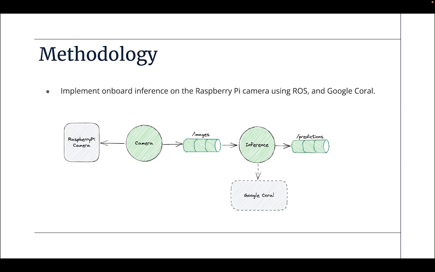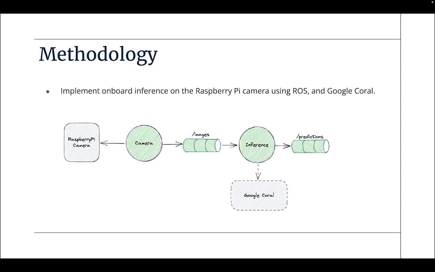And then we have our inference node, which is responsible for consuming these images and then running them through our model to get the model output, which is a semantic mask, and then publishing those outputs to a predictions topic so that it can be consumed by other nodes downstream, though this is out of scope for this project.